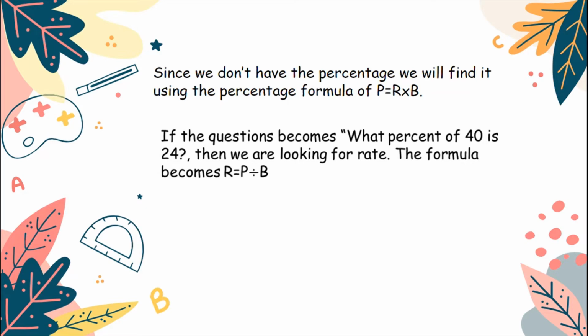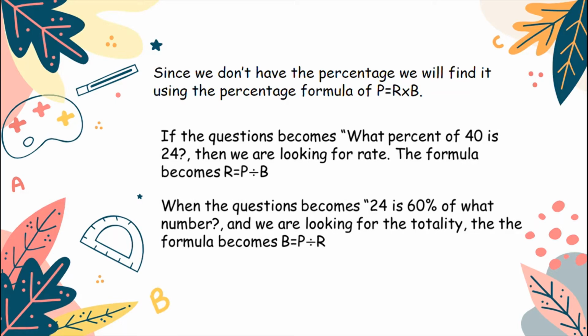And the formula used to find the value of the rate is R is equal to P divided by B, wherein R stands for the rate, P stands for the percentage, and B stands for our base. When the question becomes 24 is 60% of what number?